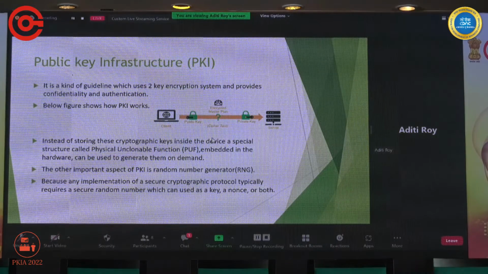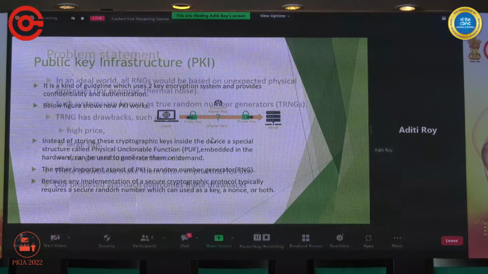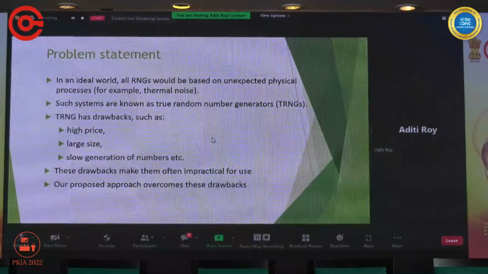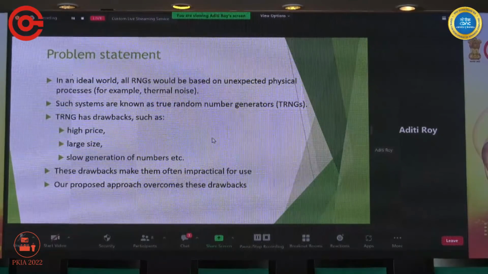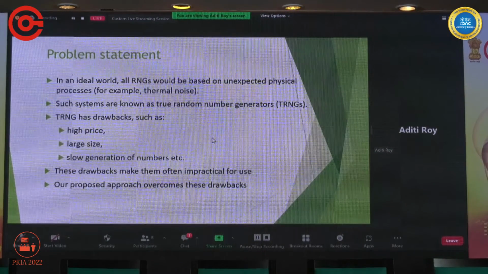The other important aspect of public key infrastructure is random number generation, because any implementation of a secure cryptographic key protocol requires a secure random number which can be used as a key or nonce or both. So in an ideal world, all random number generators would be based on unpredictable physical processes, for example thermal noise.